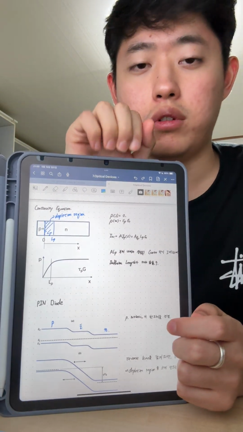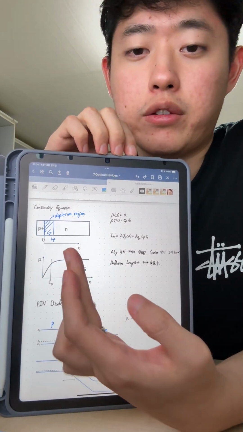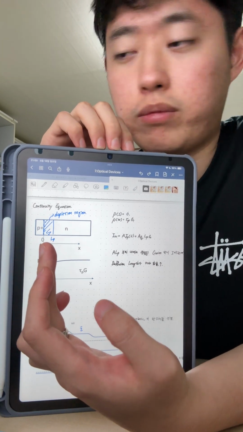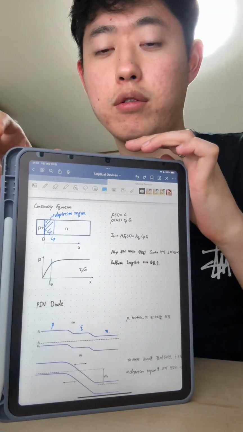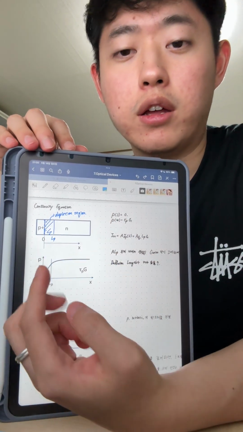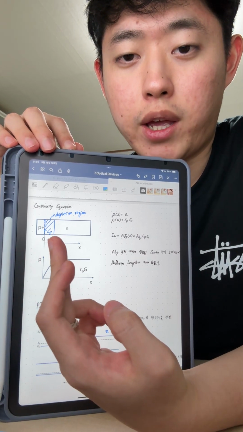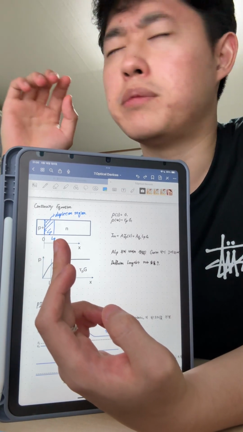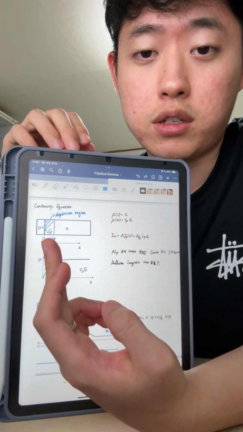Continuity equation. Okay. When a junction is made of P and N, it can make a depletion region, and this is P plus.